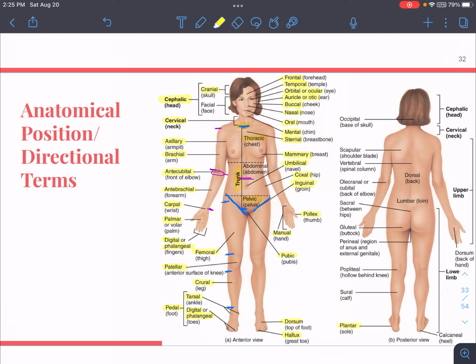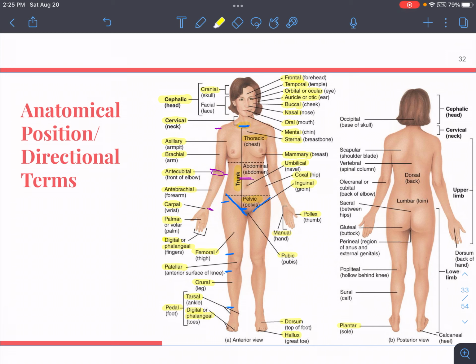So your shoulder blade is the scapula bone, so it's named scapular. Vertebral. That is named for the bones that go all the way down your spinal cord or your spinal column. Each of those bones are vertebral bones or vertebra.